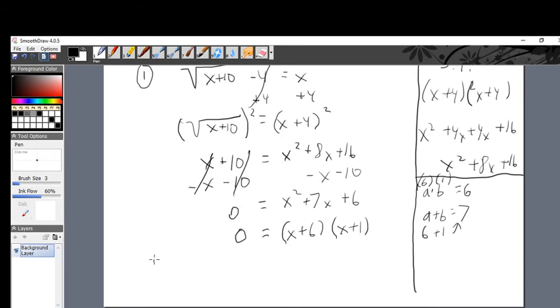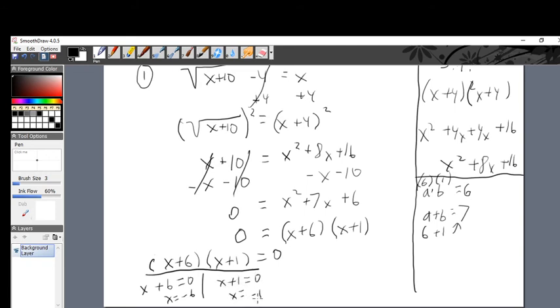Because we're used to reading from left to right, x plus 6 times x plus 1 is equal to 0. Let's see what our two answers are. We get x plus 6 is equal to 0. That means our first solution is x equals minus 6. And x plus 1 equals 0. That means our second solution is negative 1.